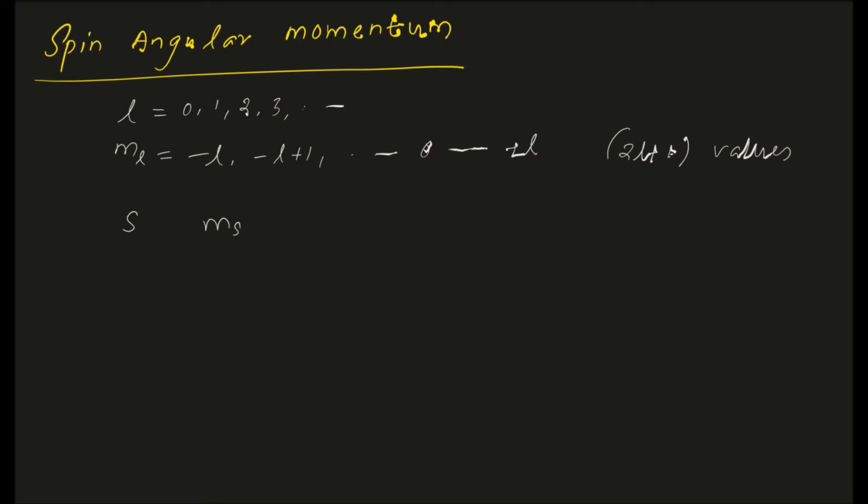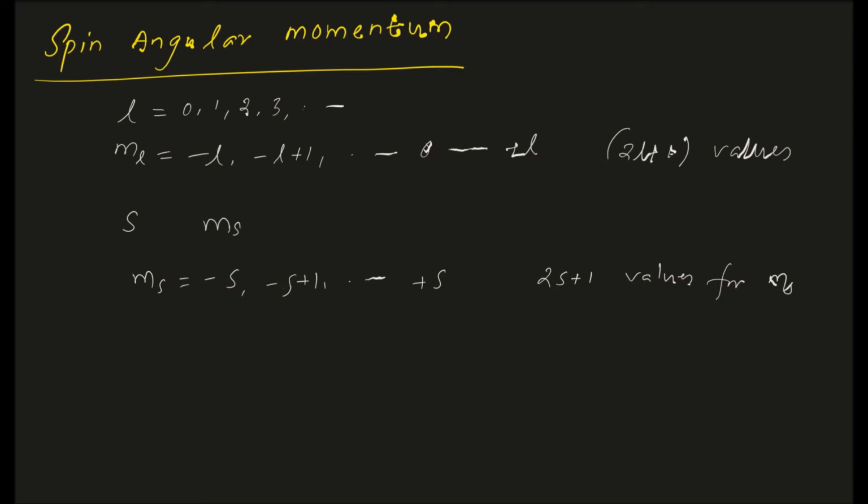The projection of the spin angular momentum along a field direction or along the z-axis is represented by the quantum number m_s. So this m_s can also have values from minus s, minus s plus 1, etc. up to plus s. So there are 2s plus 1 values that this quantum number m_s can have.